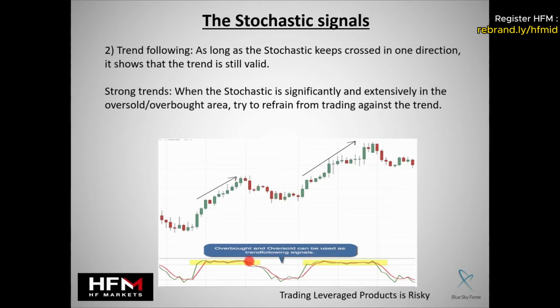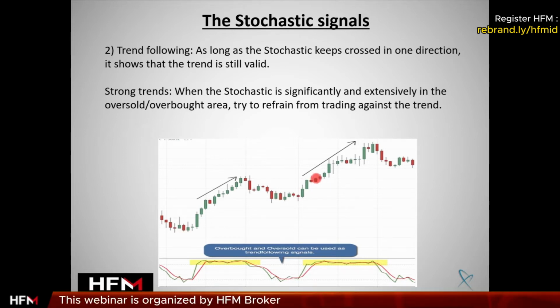And during this correction, you already see that the stochastics does come out of this overbought territory. As soon as it goes back into the overbought territory, you see that the next impulse wave is starting, and already on the third candle, again after this one closes, you have this remaining in the overbought territory. You could go for a bullish trade and trade along with the direction of the trend until the stochastics leaves this overbought territory once again.